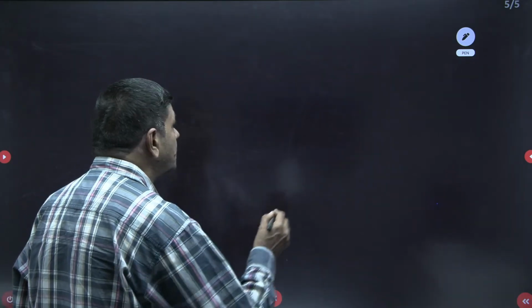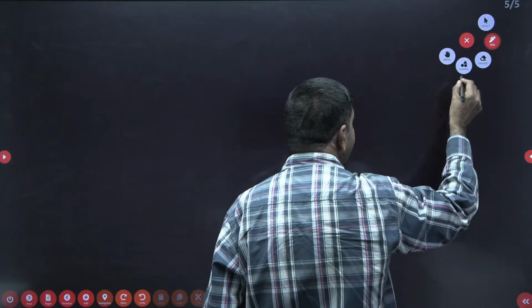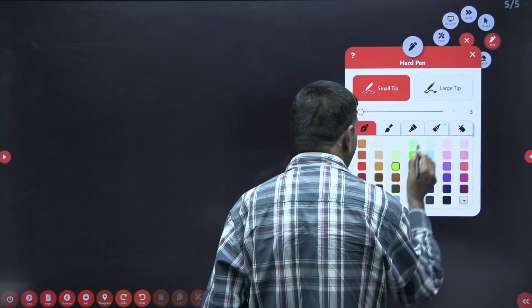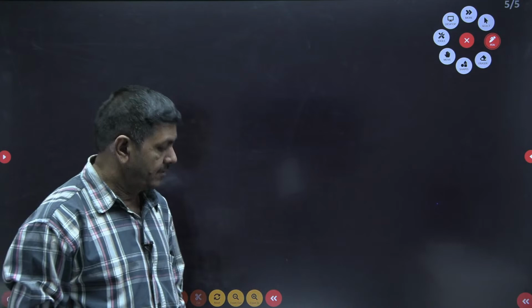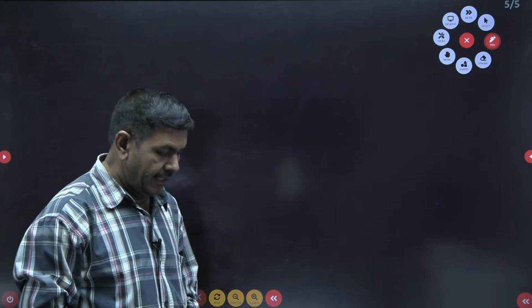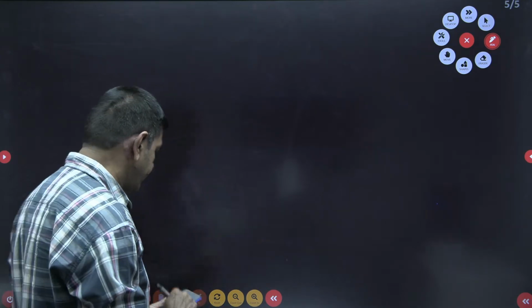Find R2. But here no analysis is needed, you can directly apply the formula for this question. Sometimes you will get questions with direct application of the formula, and sometimes analysis is required.